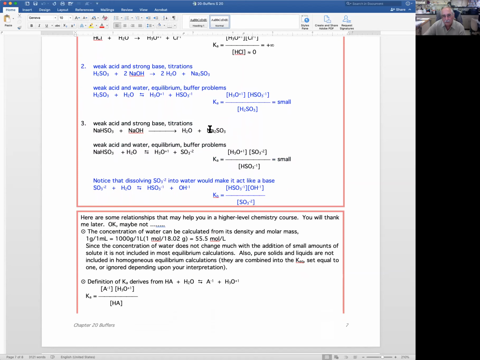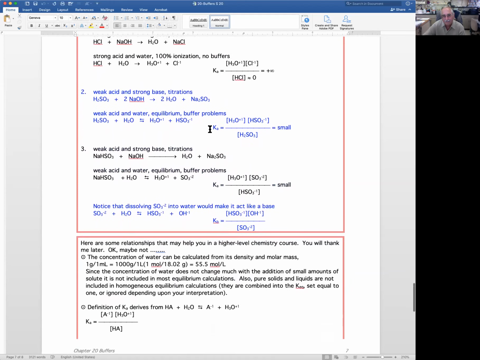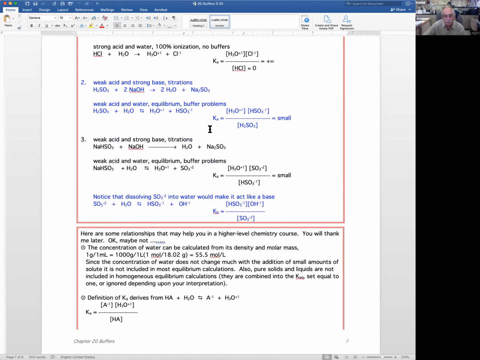And again, it's a titration problem. If I take a weak acid and I put it in water, so notice I'm doing a slightly different one over here, then I get an equilibrium constant. That means I can use it in a buffer problem.